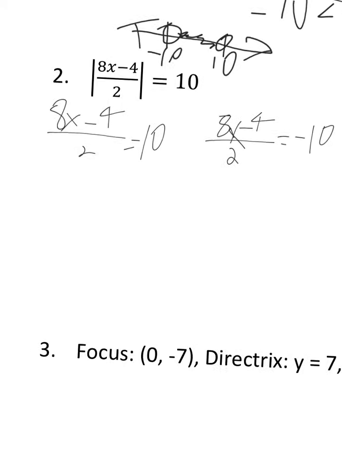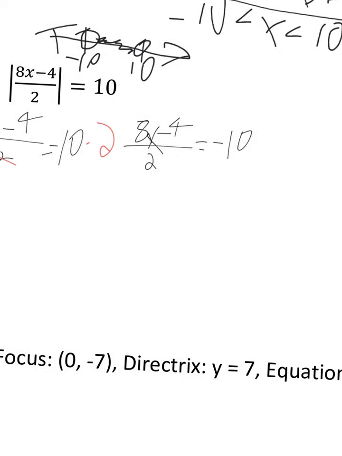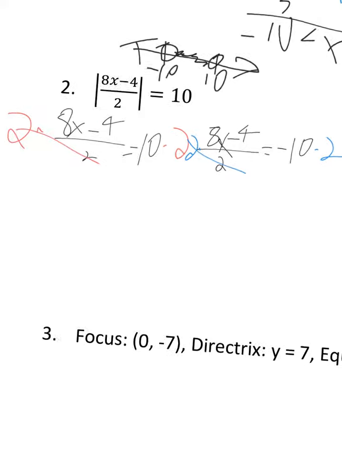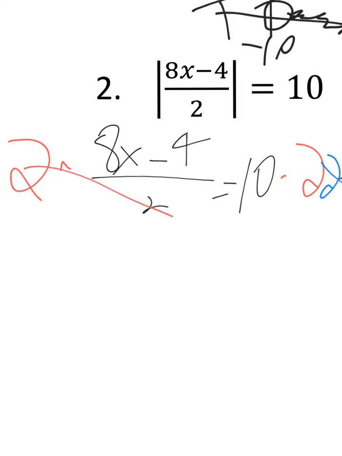How am I going to get rid of that fraction? I'm going to multiply that bottom number to both sides, so multiplying by 2. And I can do that on this other one too. I'll do it in blue, so kind of crammed together. I'll just focus my attention on this one for now.